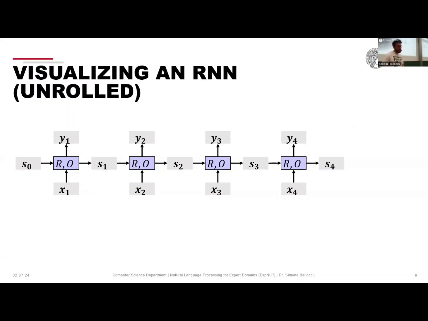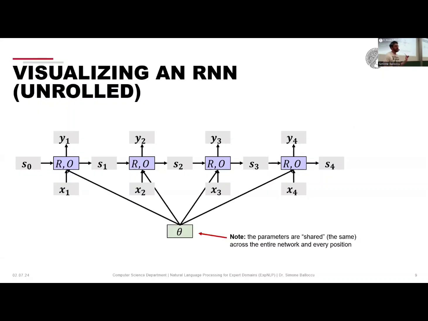Now, 2 things we need to clarify. First of all, the parameters are shared. It's not like these are different elements that have different parameters, different matrices of weights, different biases. And also, this is not how an RNN is implemented. This is only a visualization, but we will have only one of these, and it gets applied continuously.